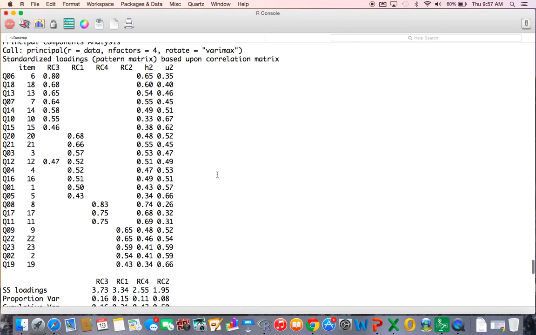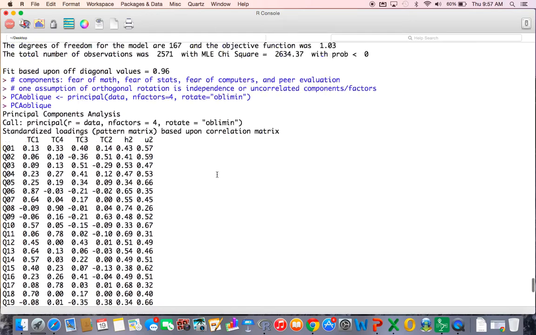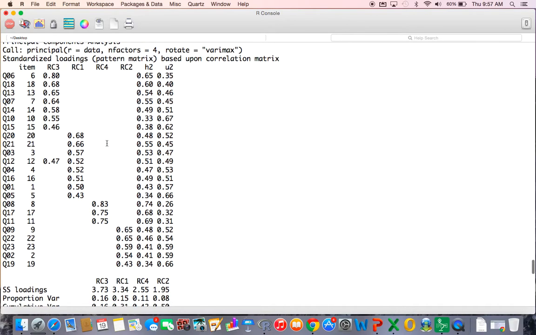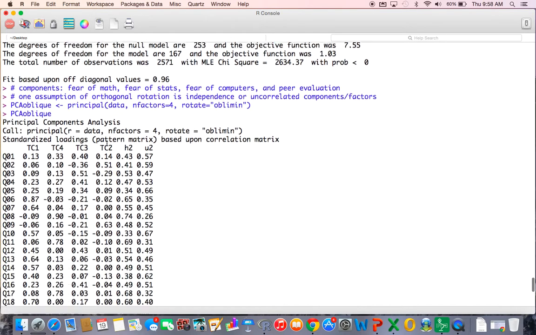So let me go back up. I didn't write down that component 4 was 8, 17, and 11. So guys, I'm not doing anything fancy here. All I did was write on a sheet of paper, for component 1, for example, that I have questions 20, 21, 3, 12, and so on. I did that for all the components.